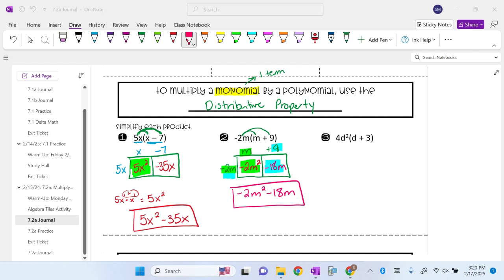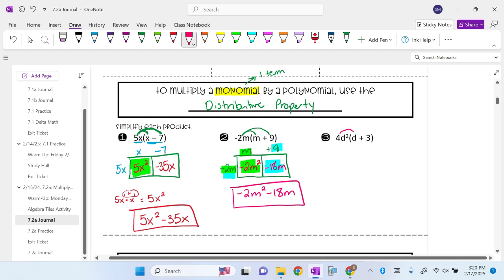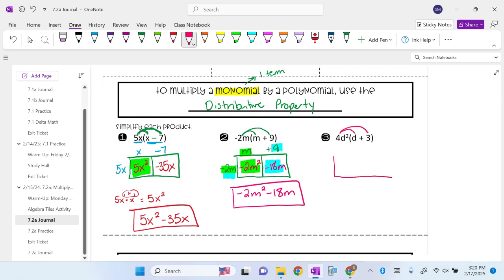Then number 3, again, you can do the old-fashioned distributive method, or if you like, you can do a 1 by 2 box, because you have a 1 term times a 2 term. So I have 4d squared, d in one column, plus 3 in the next. So 4d squared times d, be very careful about this. Remember, you're still adding exponents.